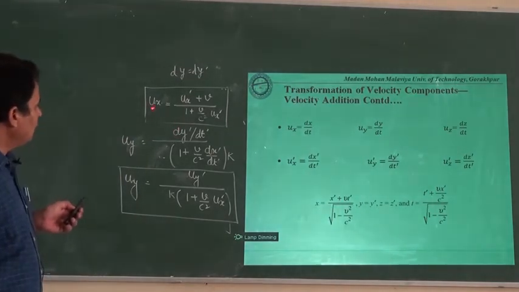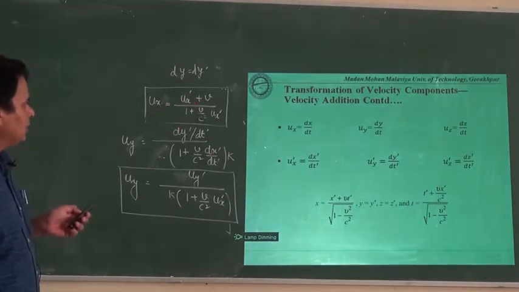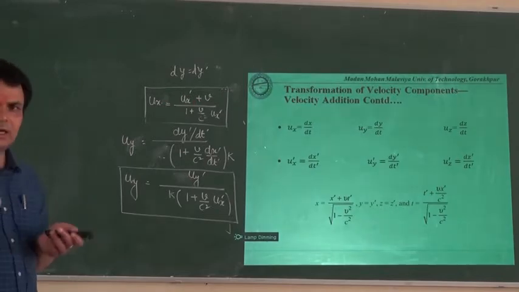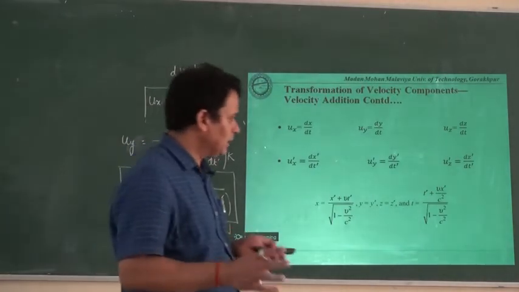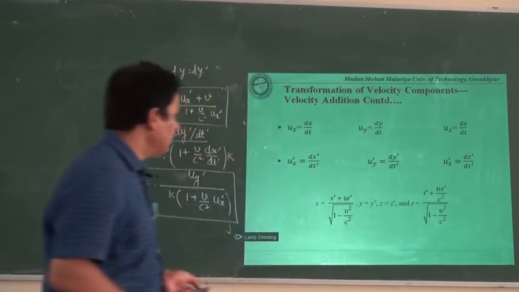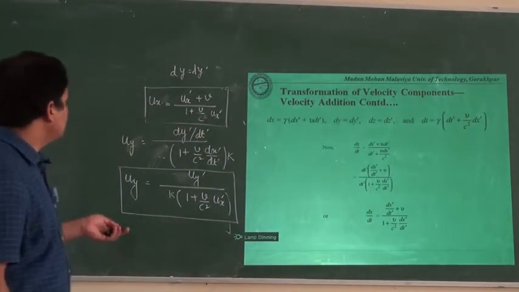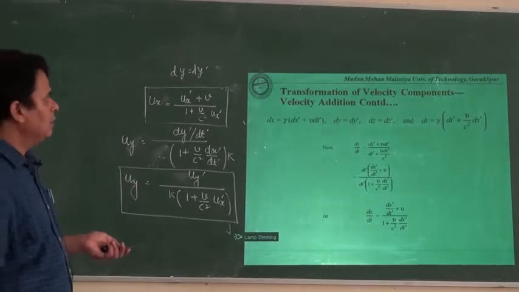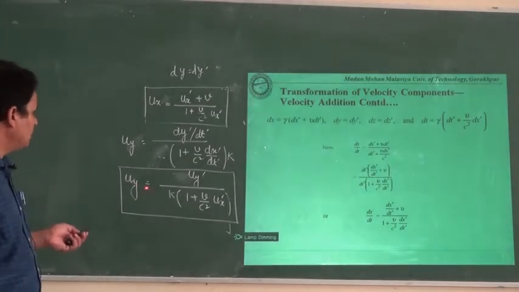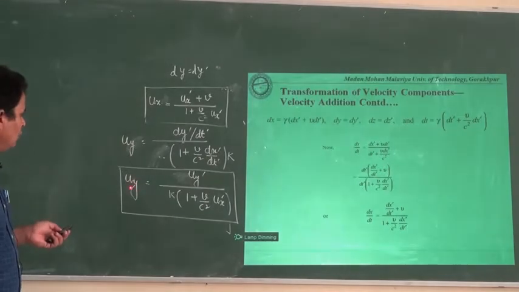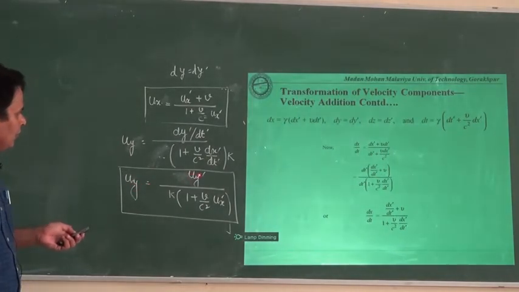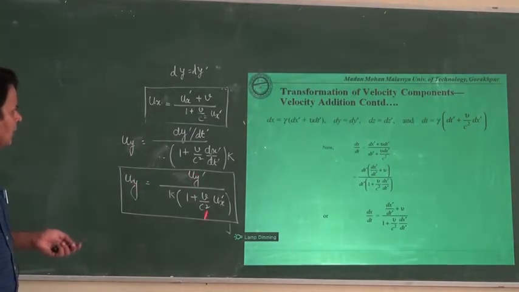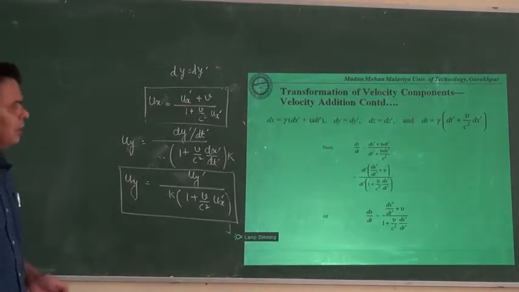The component of velocity in x direction has a different relation between dash and non-dash coordinates, while this y component has a different observation. Different observation means this uy will be equal to uy dash upon something else, which is different from the x component of the velocity.